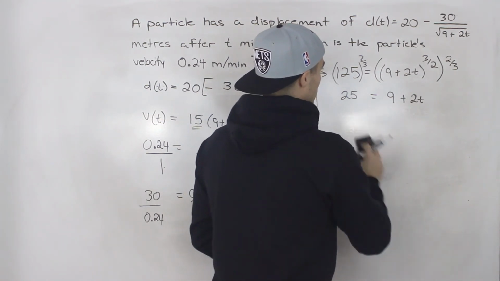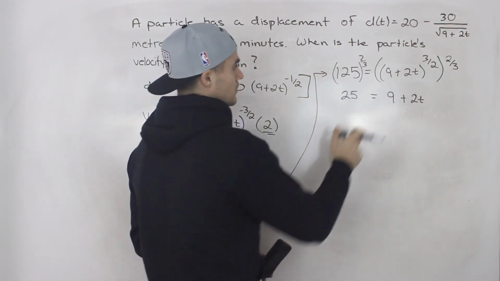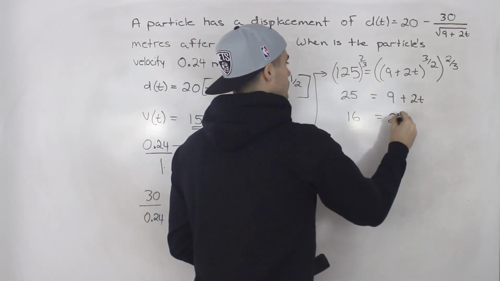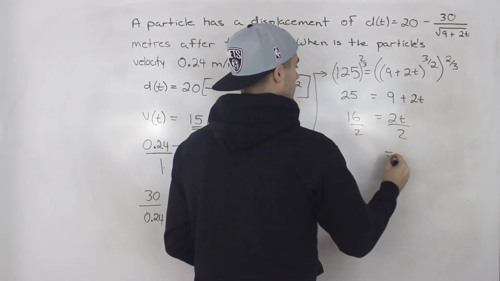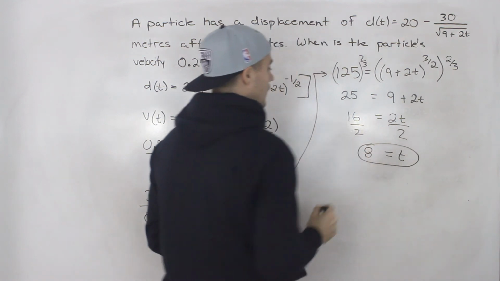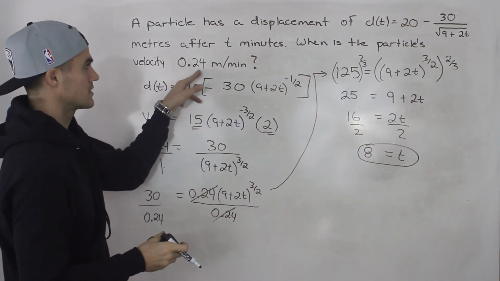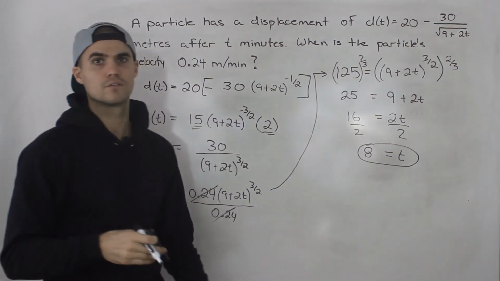Now notice solving for t is super easy at this point. We bring the 9 over: 25 minus 9 is 16, equals 2t. Divide both sides by 2. t is 8. So the velocity of the particle is going to be 0.24 meters per minute at a time of 8 minutes.